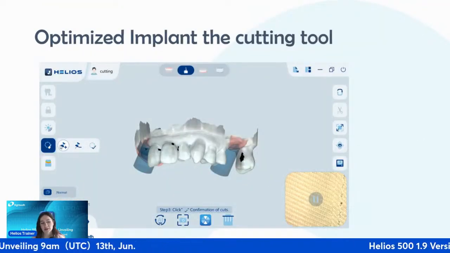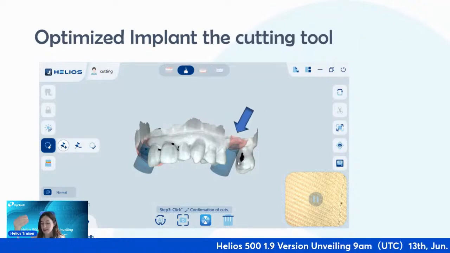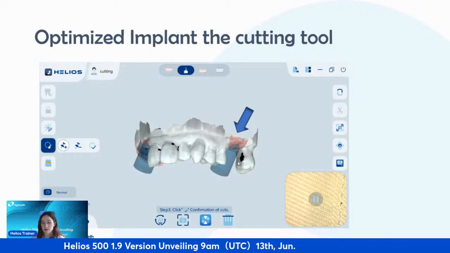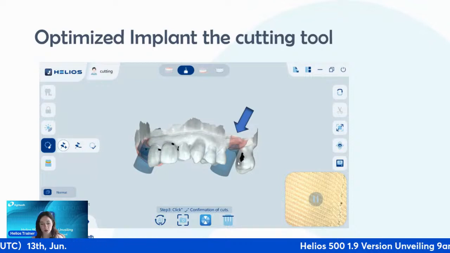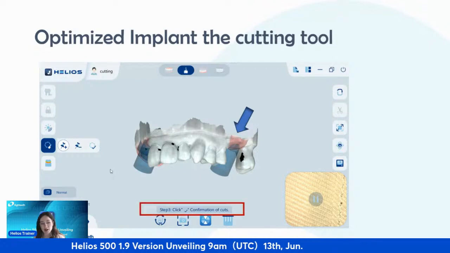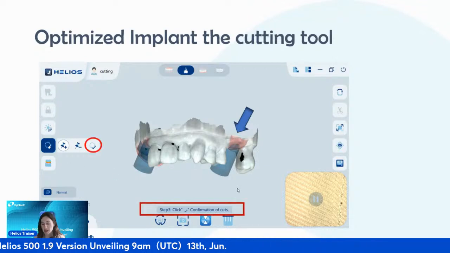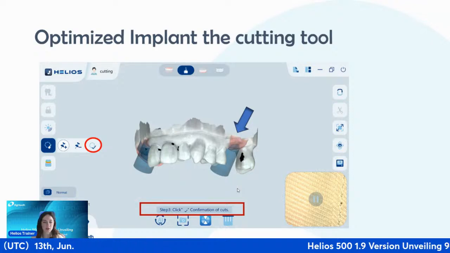And when you select the scan body area, you are now going to see a new option, which is a cylinder. It was before a circle, creating a circle hole, but now, depending on the model position and implant analog position, you will see a cylinder. And when you click the confirmation option, it will delete that area, and you will be able to freely scan your scan bodies.